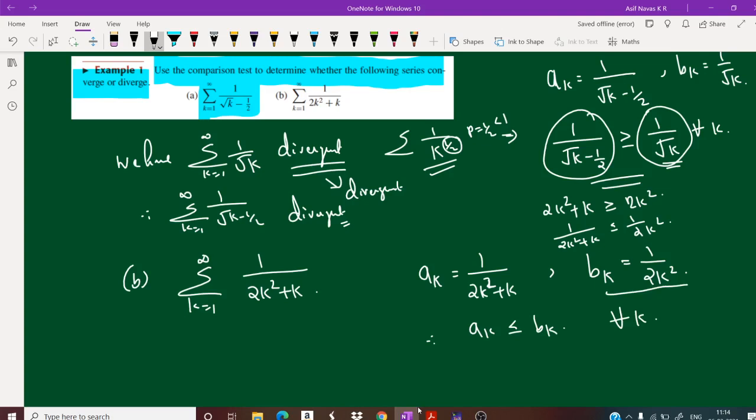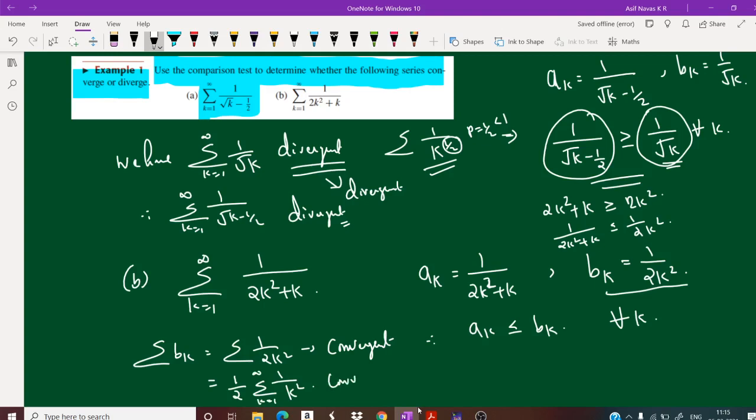And what about this bk? Sigma bk is equal to sigma 1 by 2k square. Is it convergent or divergent? Convergent, right? Convergent by p series test, because this is actually 1 by 2 times sigma 1 by k square.